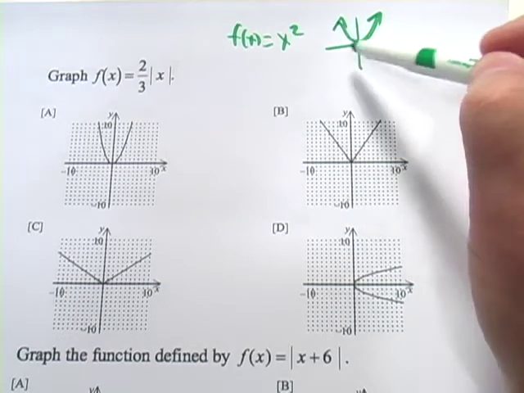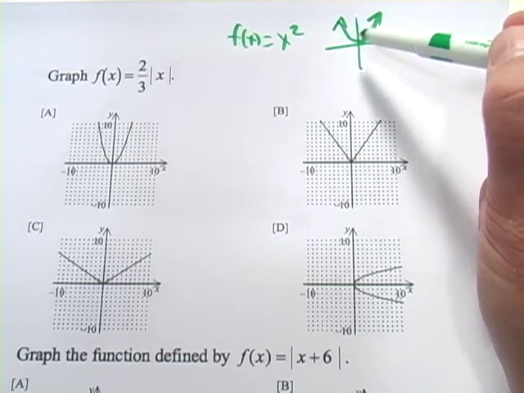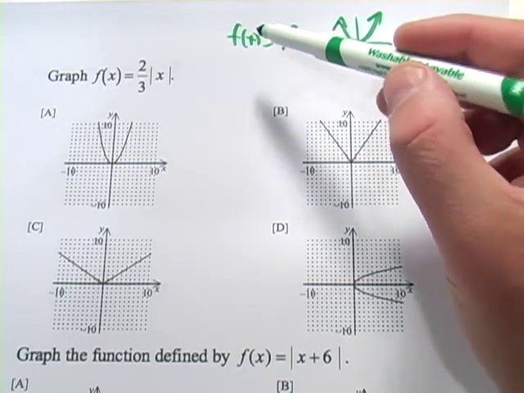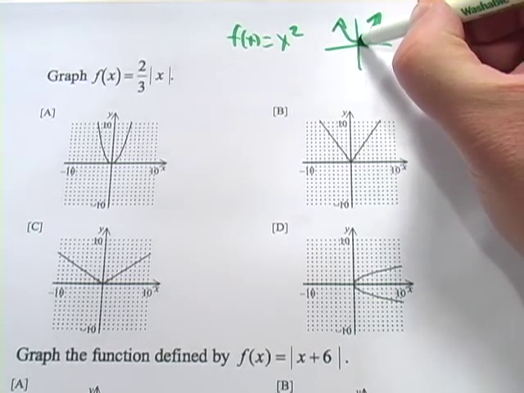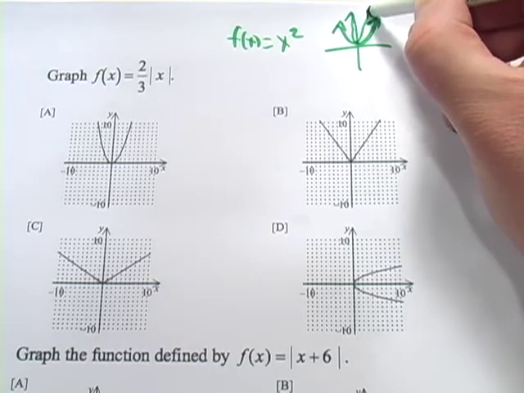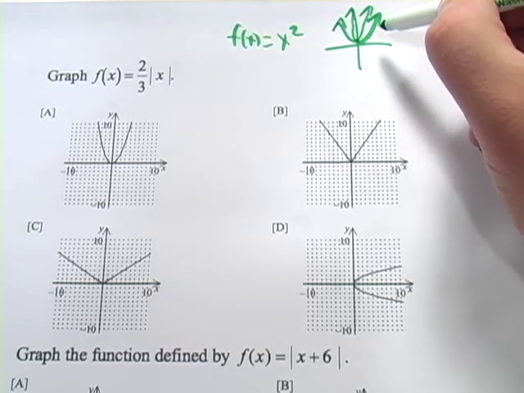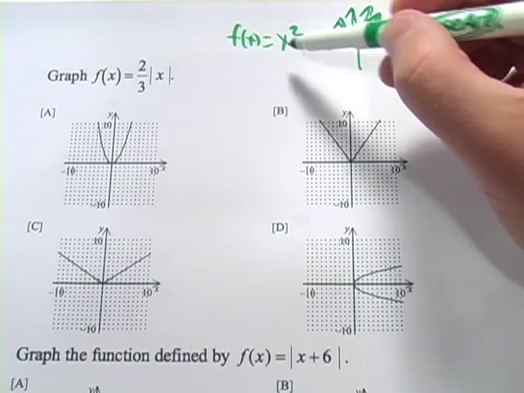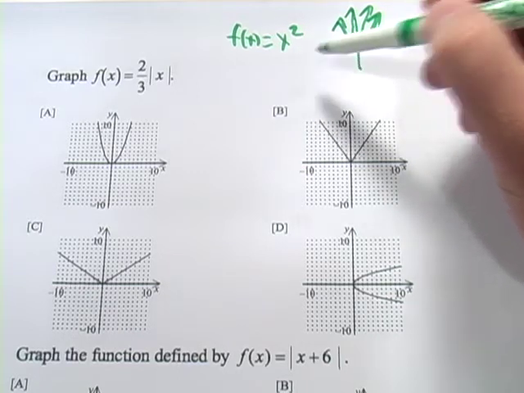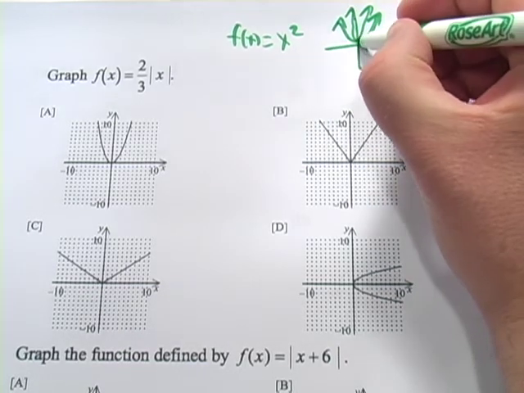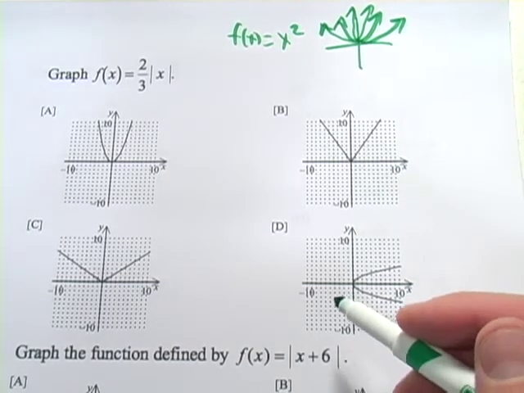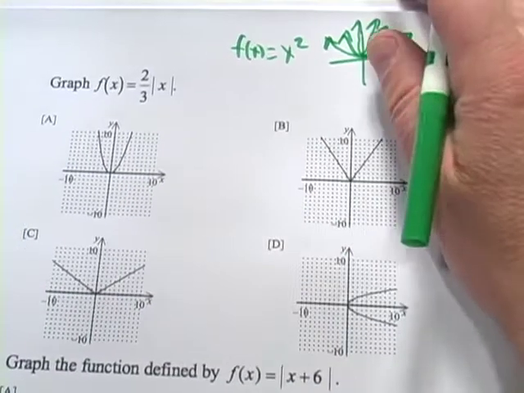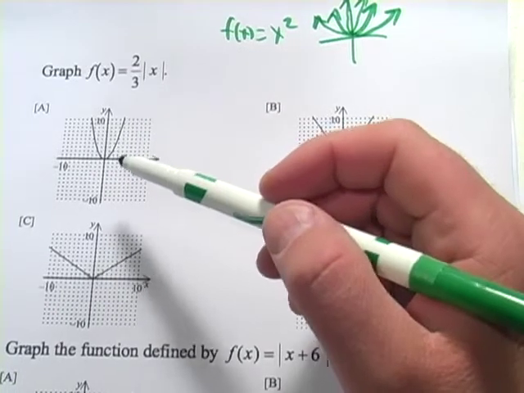If the constant is positive, it stays in this upward direction, but if it's a large number like 2 or 7 or 100, it means that the parabola goes up faster, so it's narrower or squished. If it's a number between 0 and 1, so 1/2 or 1/3 or something like that, it gets a little shallower, like that.